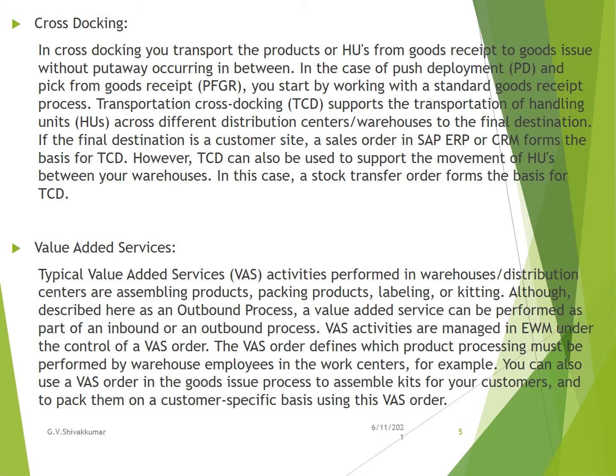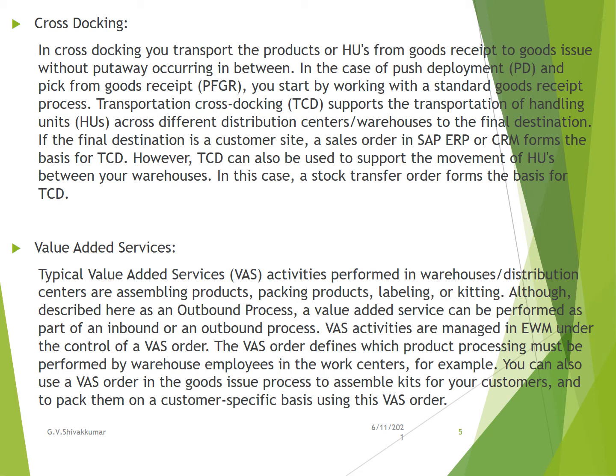If the final destination is a customer site, a sales order in SAP ERP or customer relationship management forms the basis for the transportation cross docking. However, transportation cross docking can also be used to support the movement of HUs between your warehouses. In this case, a stock transport order will be the basis for transportation cross docking.